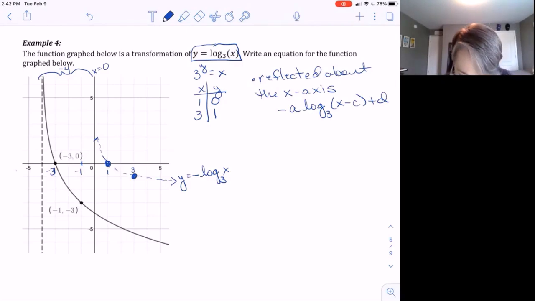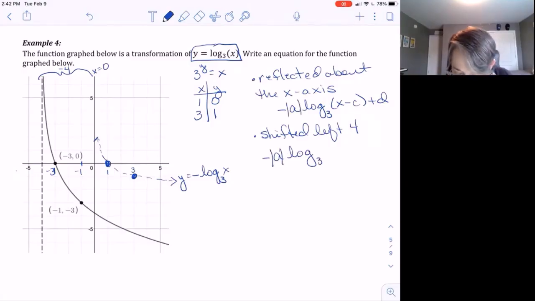So that means if it's shifted left 4, then we would have a negative a, or I should say negative absolute value of a, log base 3 of x plus 4 plus d. But the problem is if I shift left 4, those shifts, either left, right, up, or down, are what's supposed to happen last. There might be a stretch in there somewhere, and we need to know what that stretch is.